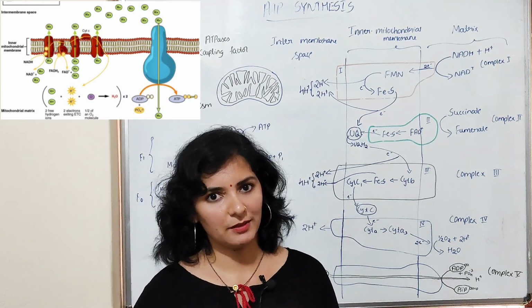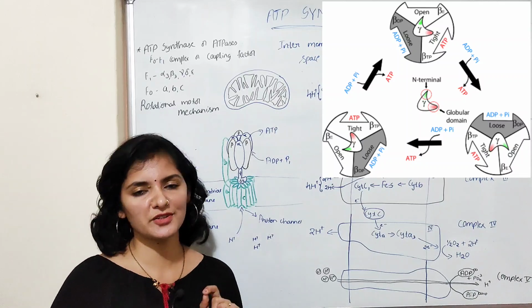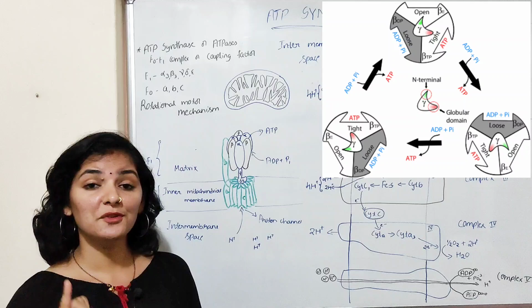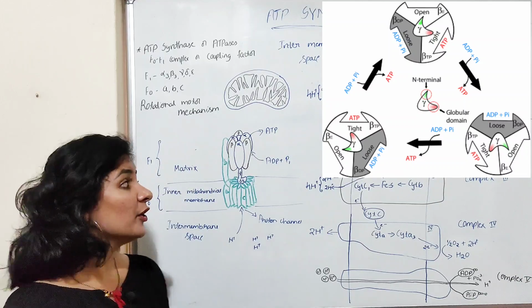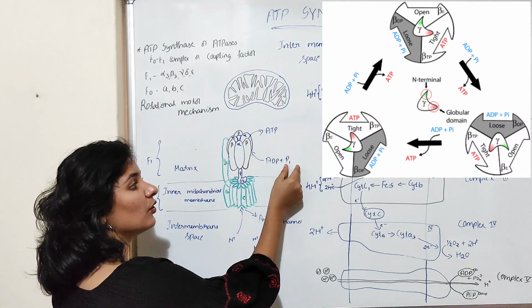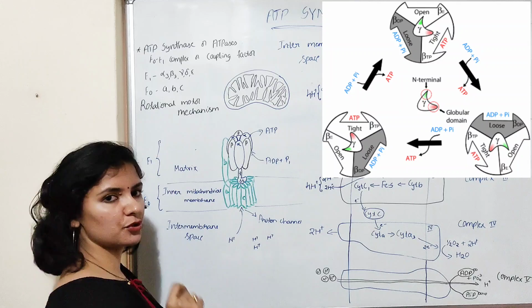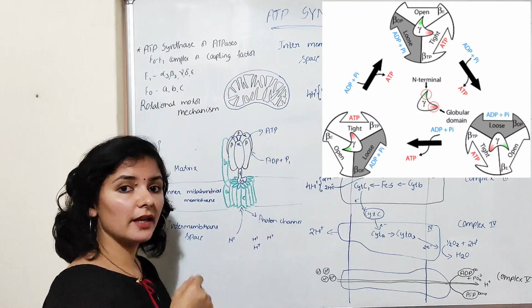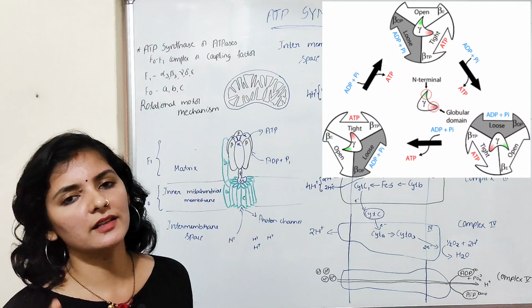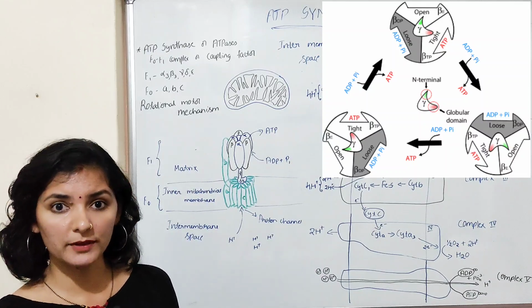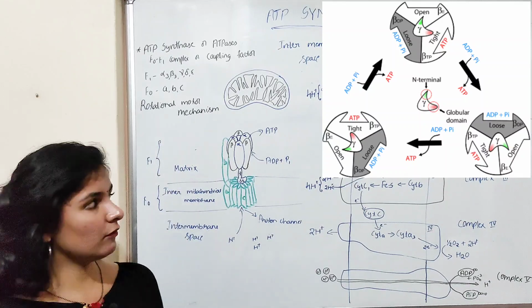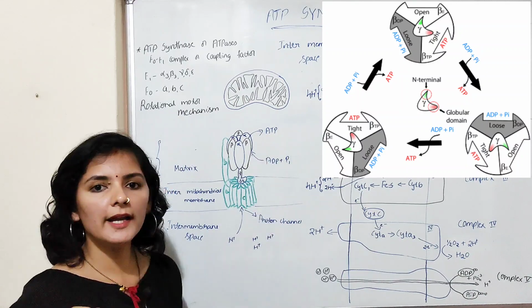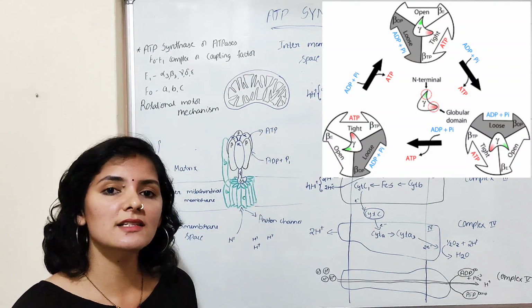During the synthesis of ATP, the beta subunits will occur in 3 forms. The first form is the open form, during which ADP and inorganic phosphate will come and bind to the beta subunits. Upon binding of ADP and Pi, the beta subunits will occur in the second conformation, that is the tight form, during which ADP and inorganic phosphate will combine to form ATP, or ATP synthesis takes place.